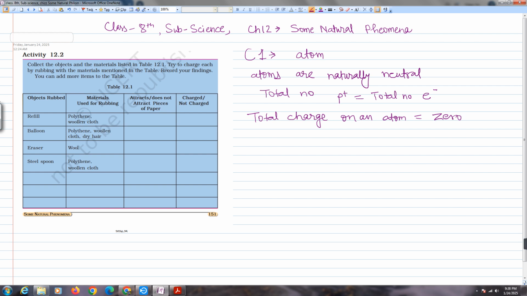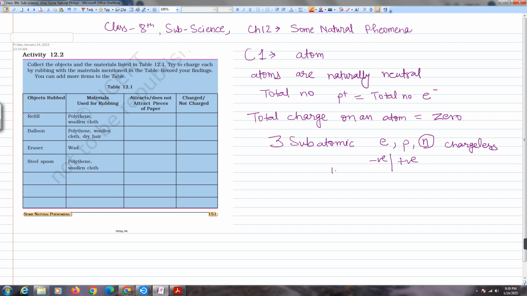An atom is made up of 3 subatomic particles: electron, proton and neutron. Among these 3, the neutron is chargeless. Protons are positively charged, electrons are negatively charged, and the amount of charge on these 2 subatomic particles is equal in magnitude but opposite in type.